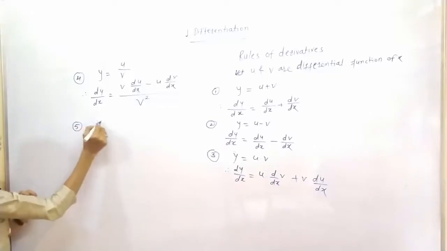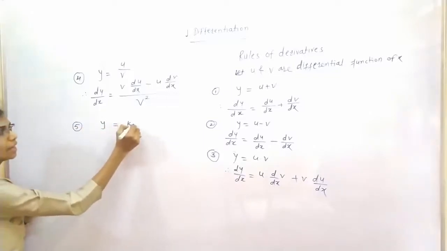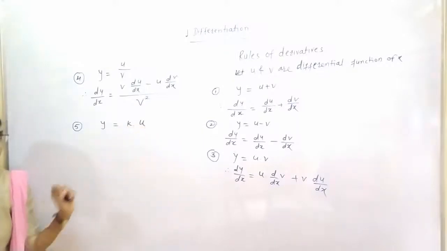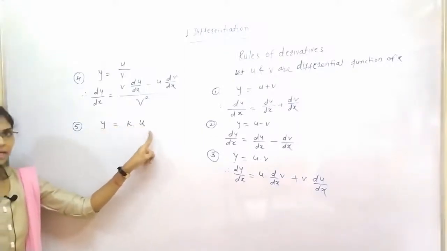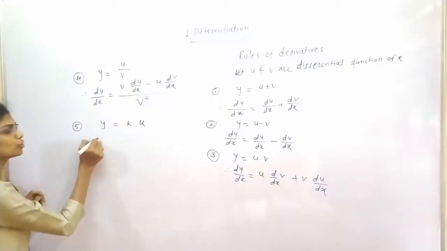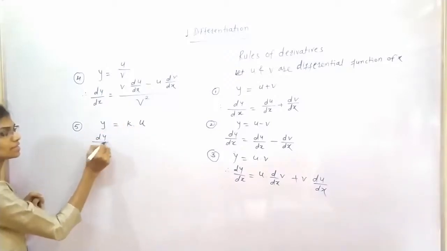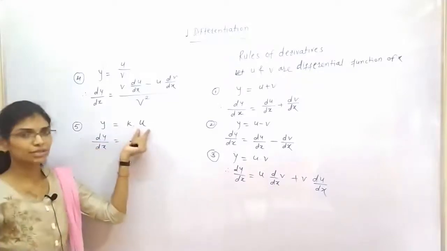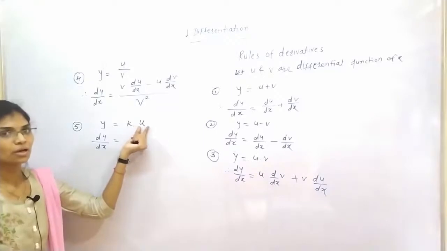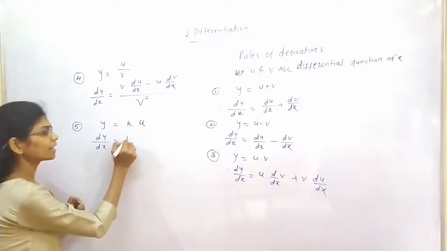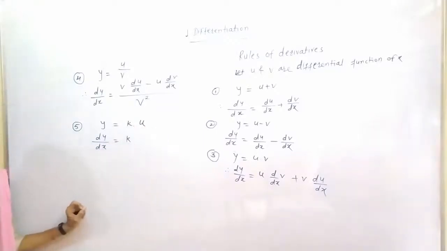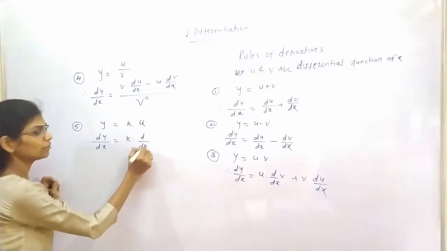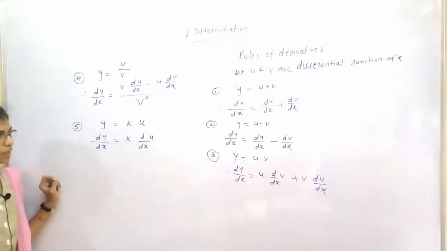Fifth rule is for if y is equal to k, a constant, multiplied by any function, y is equal to k into u. At that time we have to differentiate with respect to x, as dy by dx is equal to k, a constant term which is in multiplication with the function. Here we take the constant k out of the derivative and take the derivative only for the main function u.